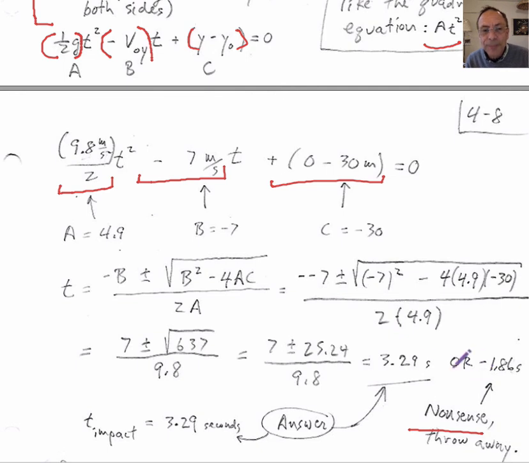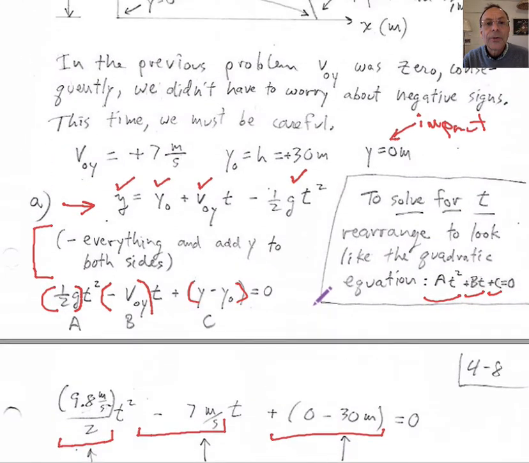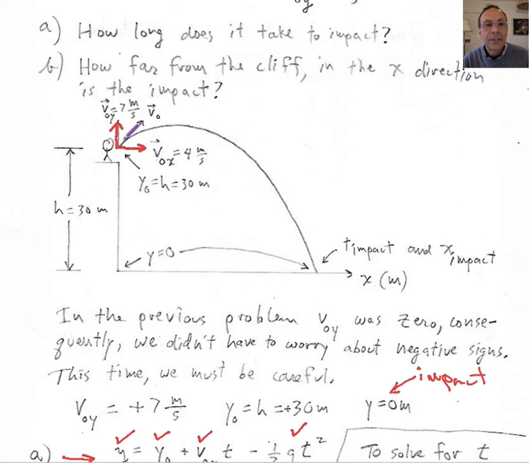You throw it away. And so this is our answer, 3.29 seconds. So it takes 3.29 seconds for it to hit the ground. Yay, we got it. t impact is equal to 3.29 seconds. Whew.